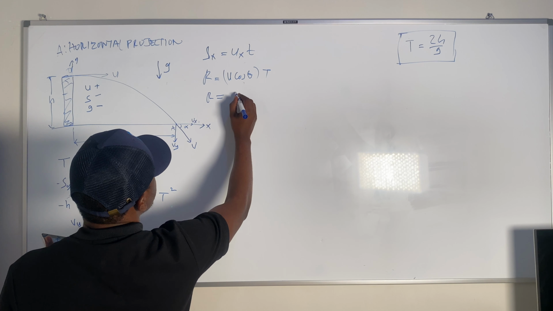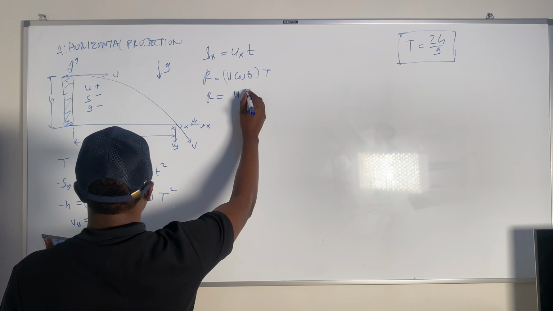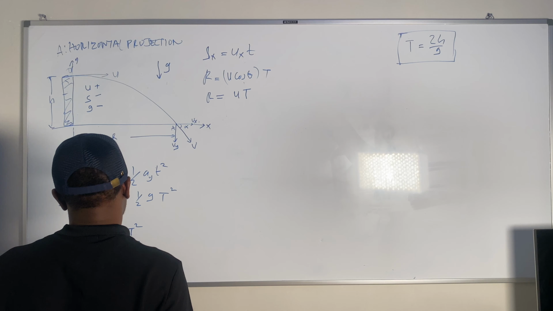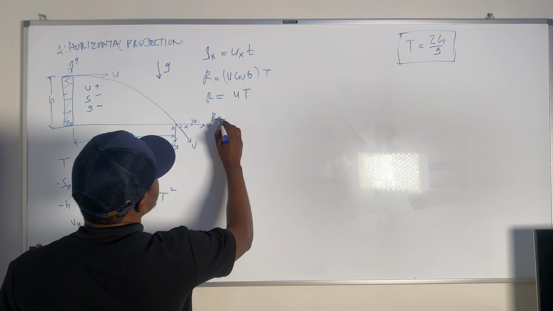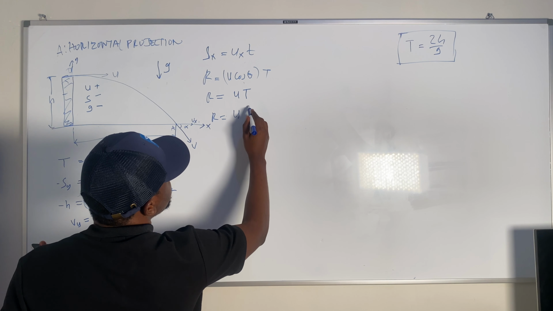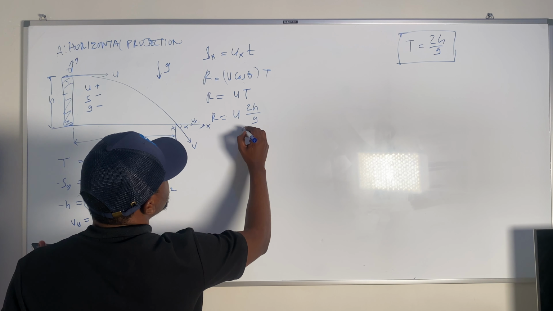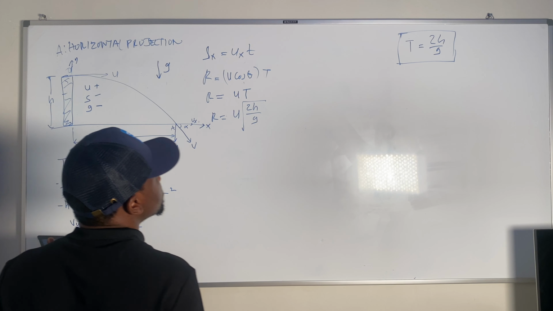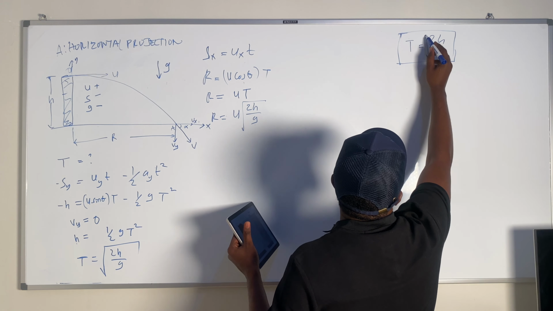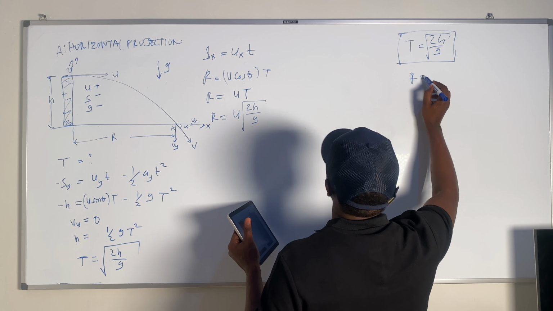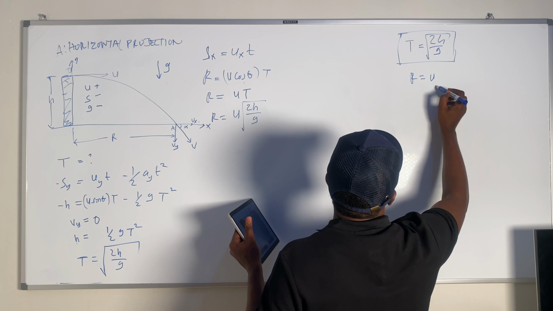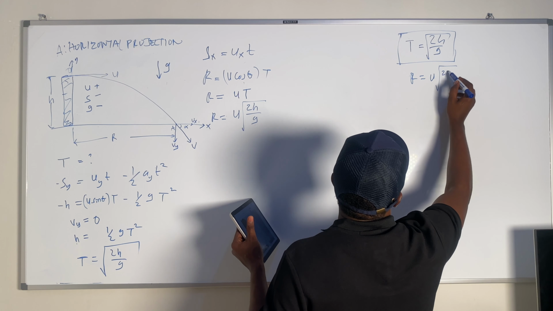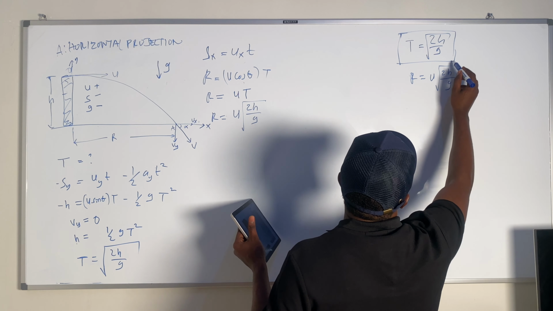So range is equal to u times time of flight, which is u times the square root of 2h over g.